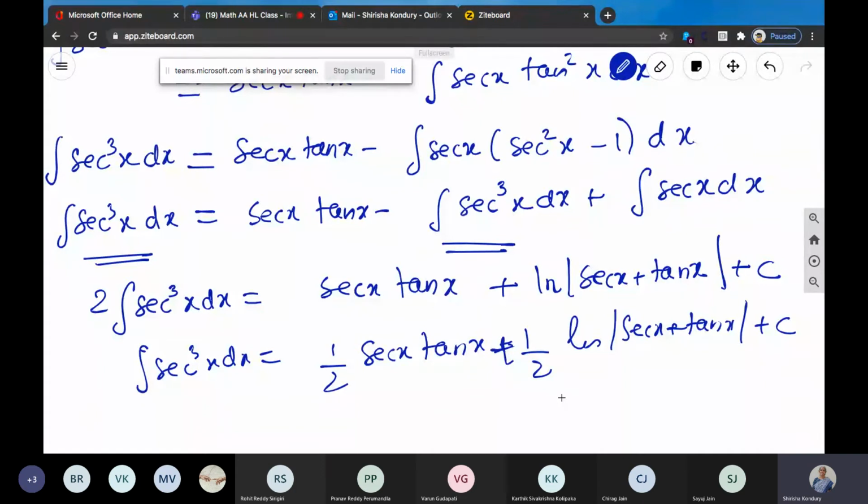That's my first memory of integration. I had no clue what that symbol S stood for. I was not even interested in finding out much about it. But whenever I do integration, I always distinctly remember that long notebook in which my brother would be solving so many questions of integration.